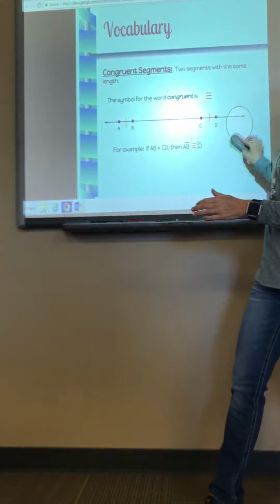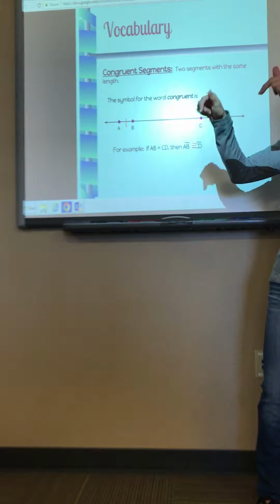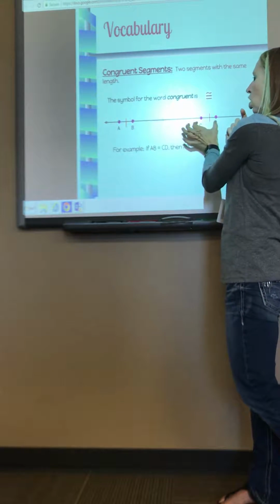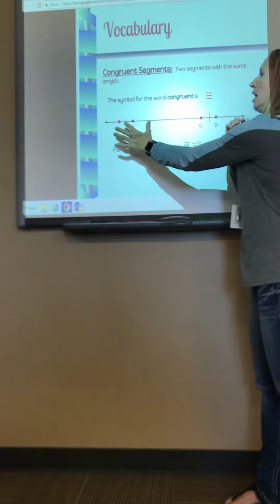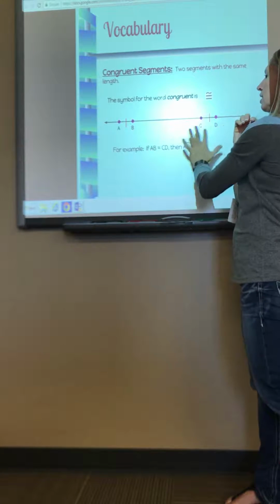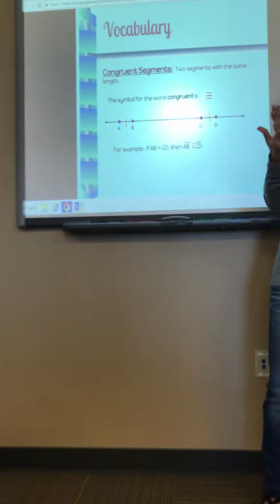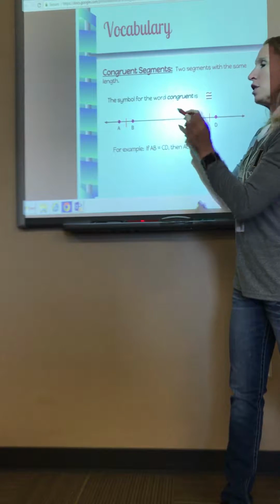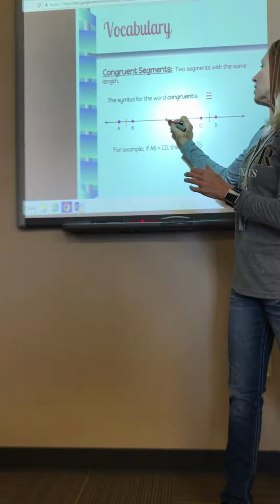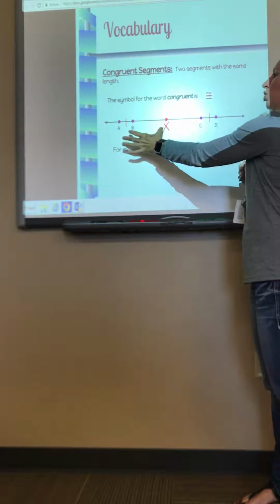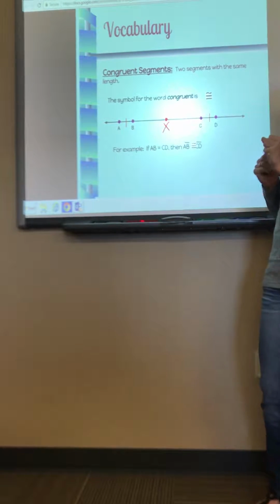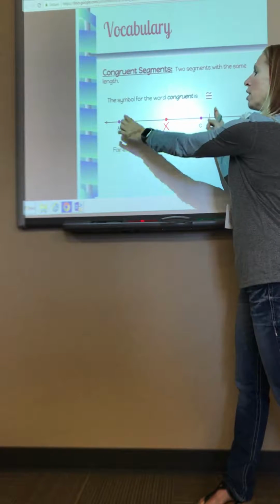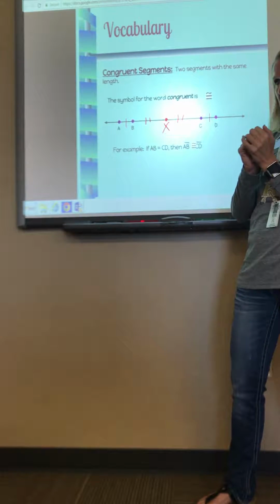So in geometry, they're going to put slashy marks to show you that pieces are congruent. They equal each other. So if AB is congruent to CD, there's a slashy mark. Never assume they're congruent. If I have another piece, and I want you to know that BX and XC equal each other, but they don't equal these, I'm going to put 2 slashy marks.